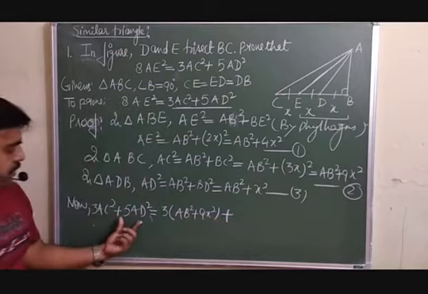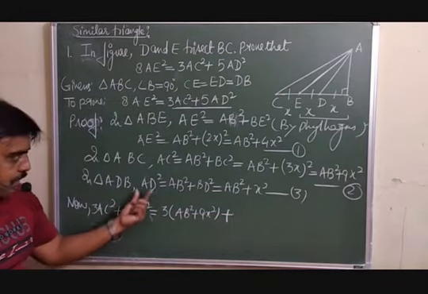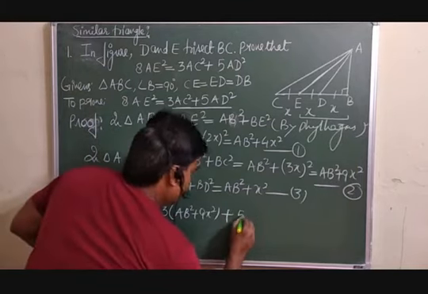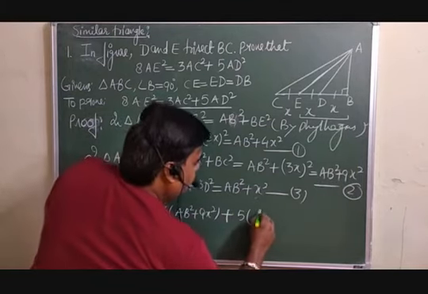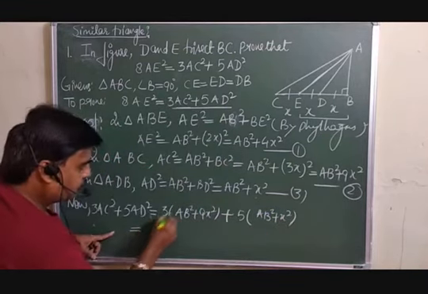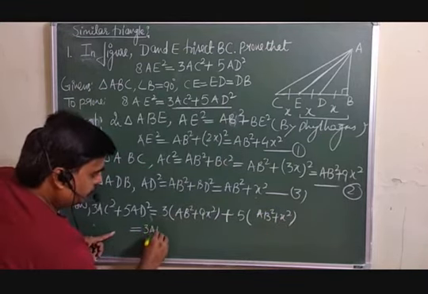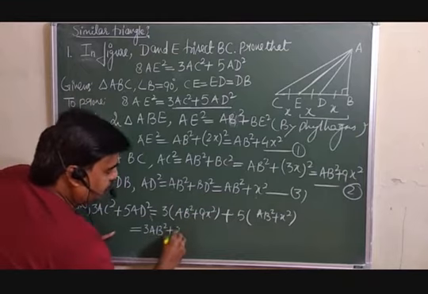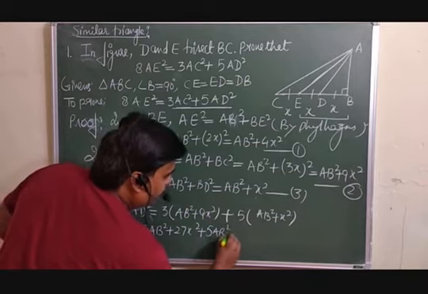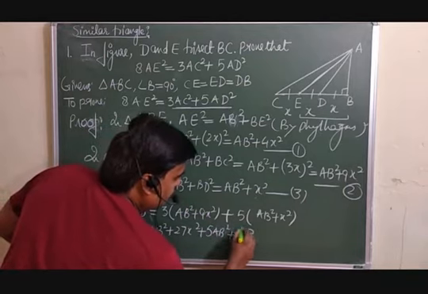Similarly, put the value of AD square: 5 times AB square plus X square. So this is equal to 3 AB square plus 27X square plus 5 AB square plus 5X square.